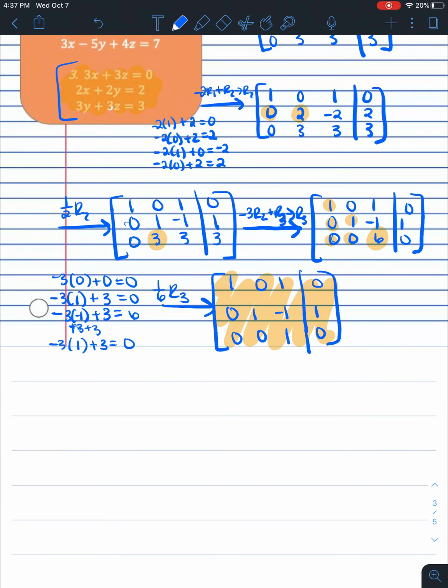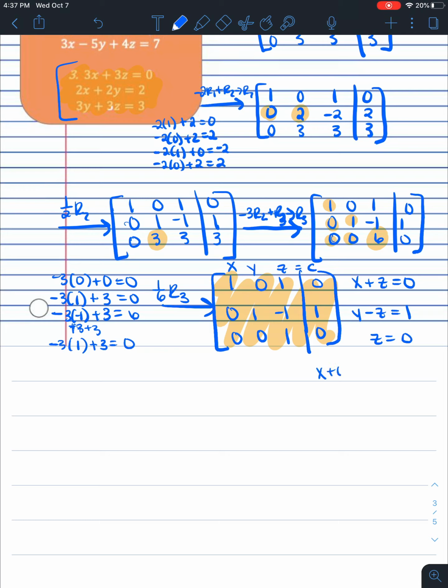And now I'm going to rewrite those back as equations. So on the first row here, remember these are my x, my y, my z's equal constant. So on my first row I have x plus z equals 0. On my second row I have y minus z equals 1. And on my third row, I have z equals 0.